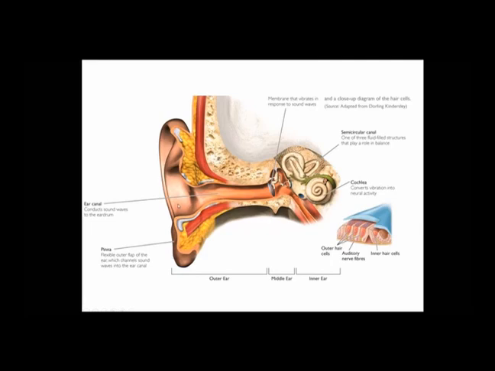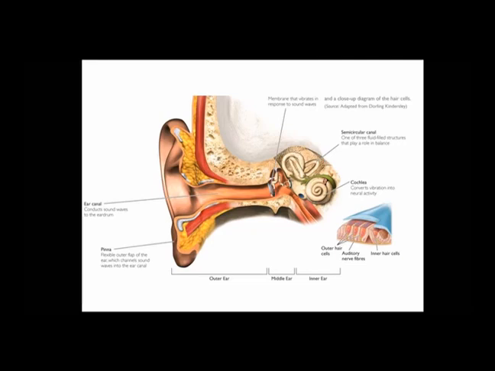So in the outer ear, sound is traveling through the air. In the middle ear, those sound waves, the vibrations from the air molecules, get transferred to vibrations in this membrane and these bones. So these bones are transferring those vibrations inward.